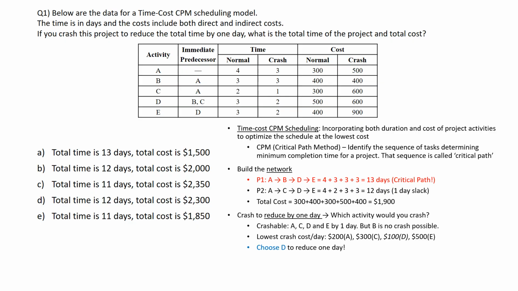So the question here is asking to reduce the total time by 1 day. So we have options to choose to crash. Which one would you choose? Activity B is no crash possible because by crashing you cannot reduce even 1 day. So A, C, D, and E can crash and then reduce by 1 day.